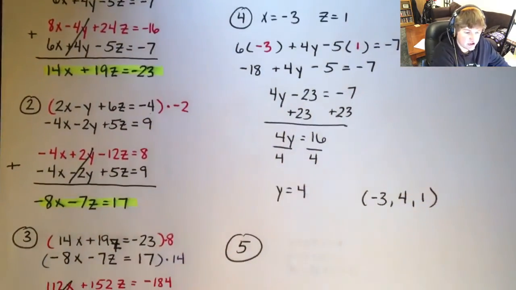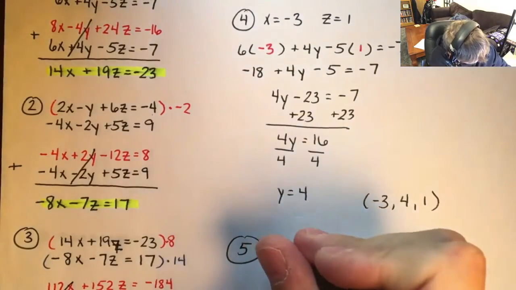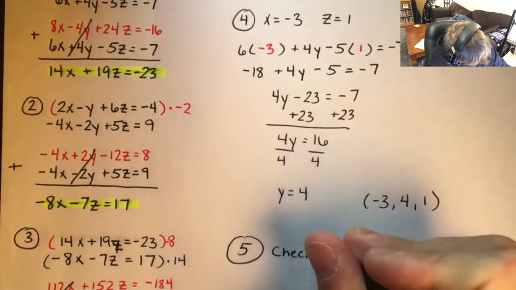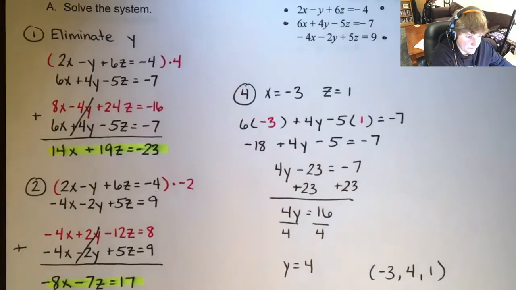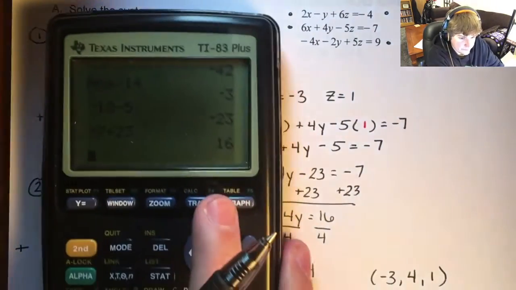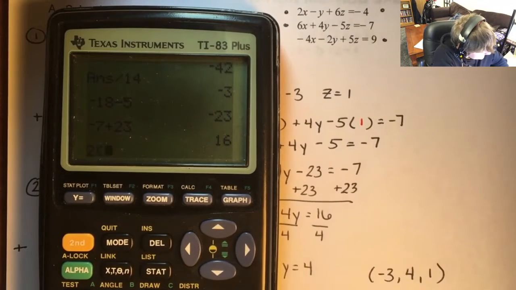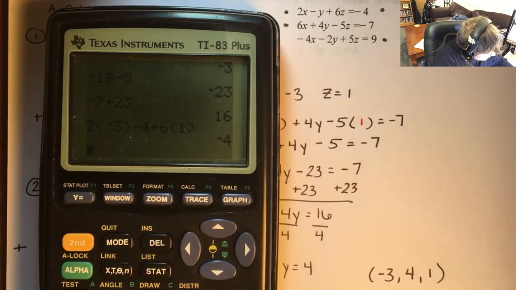Okay, and then we just need to check on the calculator. Let's go ahead and do that. 2 times negative 3 minus 4 plus 6 times 1, negative 4. Perfect.